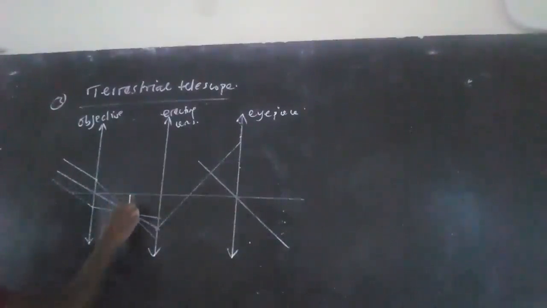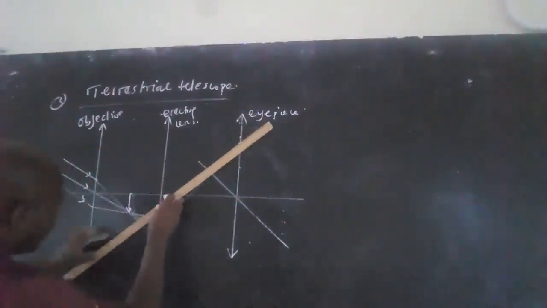That's the first image of a distant object. This image is going to be made upright by this lens.